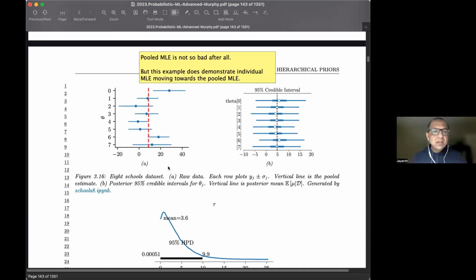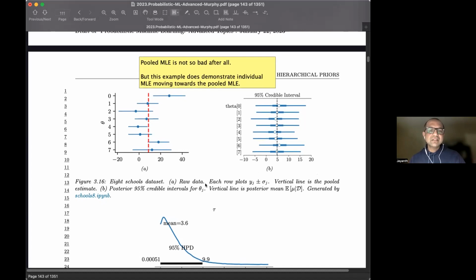Oh, vertical. Sorry, the vertical line here is the posterior mean. So in this case the vertical line is the pooled MLE, and in this case it's the posterior mean. So it's drawn towards the posterior mean.